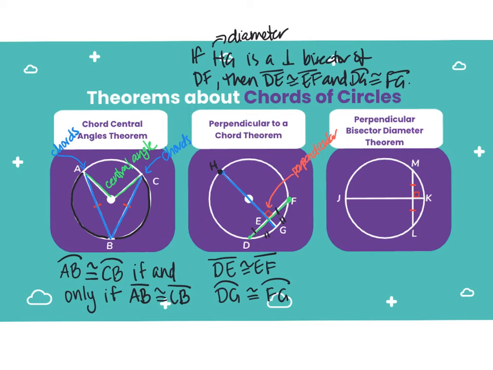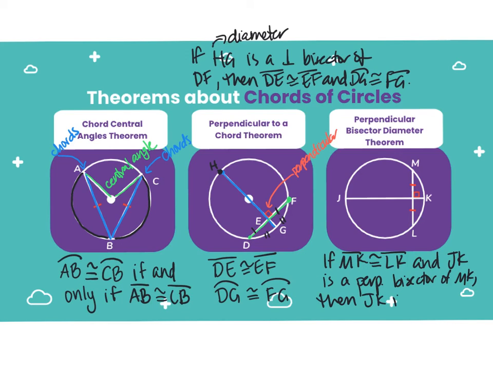Now what the last theorem does is it flips the script. It says if MK is congruent to LK and JK is a perpendicular bisector of ML, then JK is a diameter.